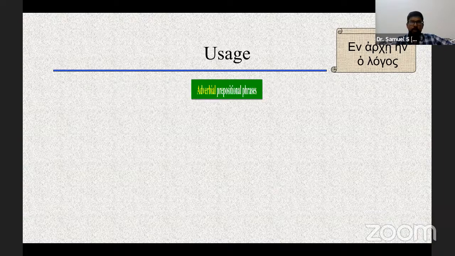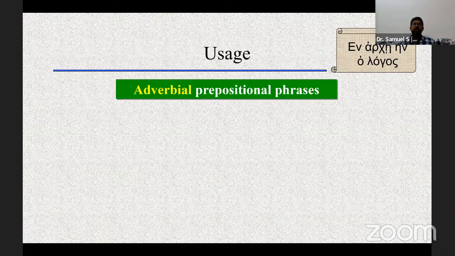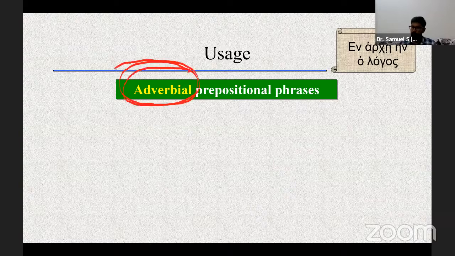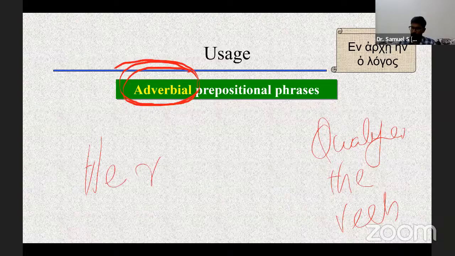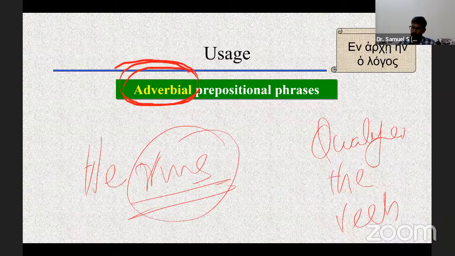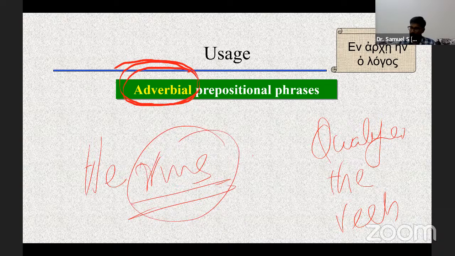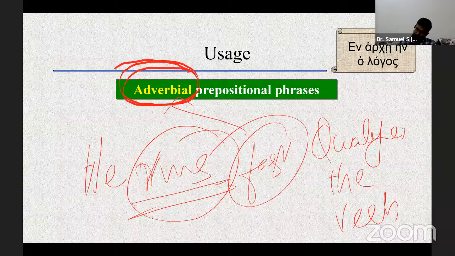Now, how are the prepositional phrases used? Sometimes prepositional phrases are used to communicate an adverbial idea. What's an adverb? An adverb is a word that qualifies the verb. He runs, right? Runs is the verb. He runs fast. Fast is an adverb. Why? Because fast is qualifying or modifying the verb.